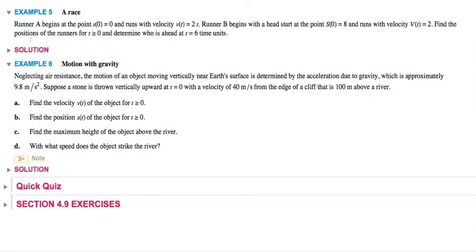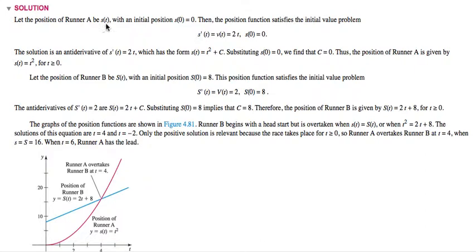So example 5 says that runner A begins at point s0 equals 0 and runs with velocity 2t. Runner B begins with a slight head start. Its position at 0 is at 8 and it runs with a velocity of 2. Find the positions of the runners for t greater than 0 and determine who is ahead at t equals 6 time units. So here we let runner A's position be s of t with an initial position of 0 at 0.